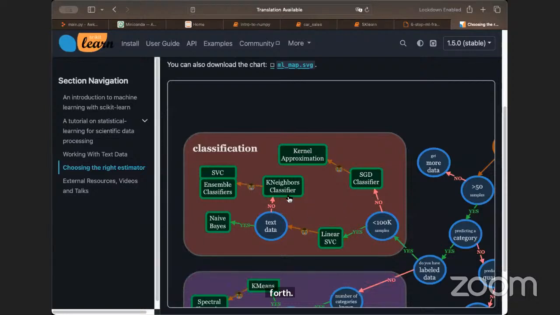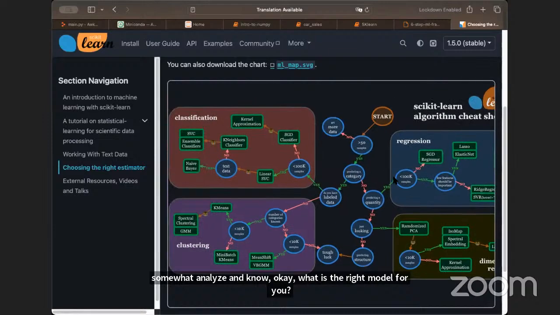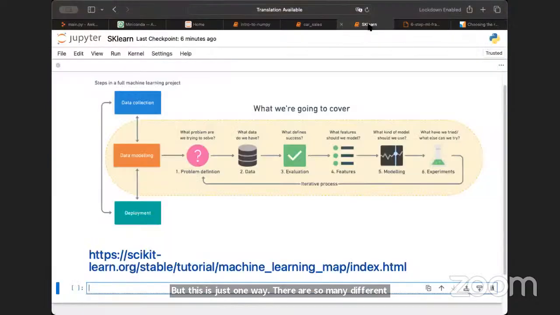In our use case, we can definitely use a KNN classifier. So this is how you can somewhat analyze and know what is the right model for you. This is just one way. There are so many different models that Scikit-learn provides. Got it, guys?